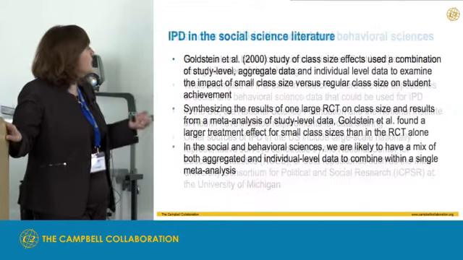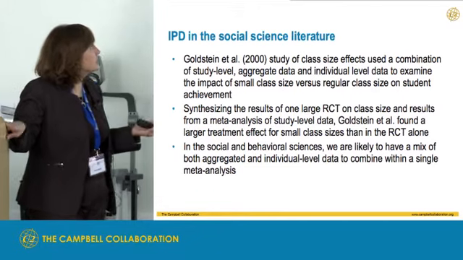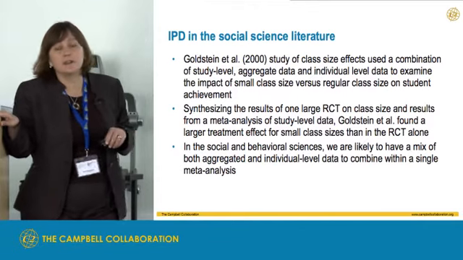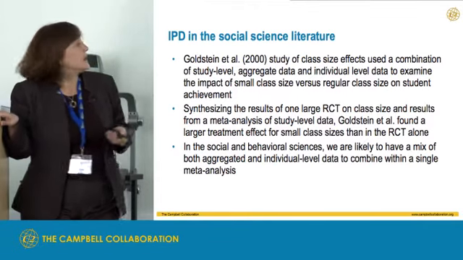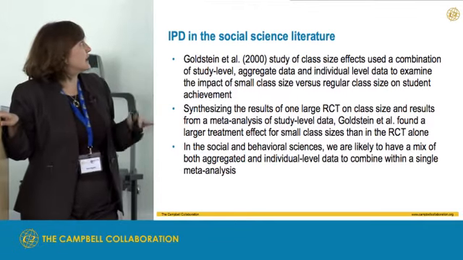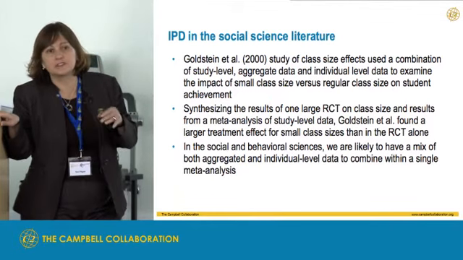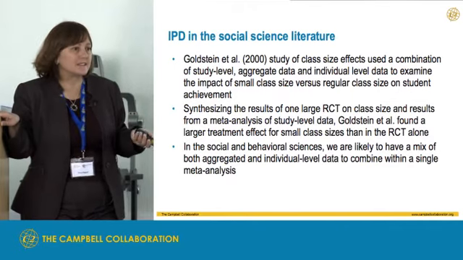Okay. The only one I know of right now in the social sciences is a paper by Goldstein in 2000, who looked at class size effects and used a combination of aggregate study-level and individual-level data to look at the impact of small class sizes.